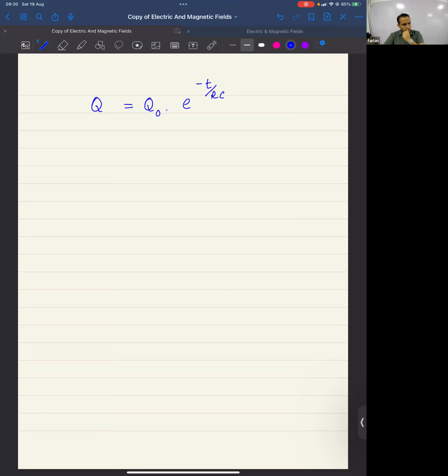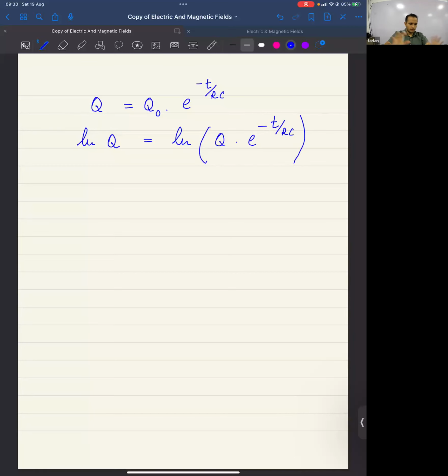I will take ln on either side. Then this will be ln Q equals ln of Q naught into e to the power minus T over RC. I'm taking ln on either side. You can do that in any equation. If you are doing the same thing for both the sides, that's totally fine.